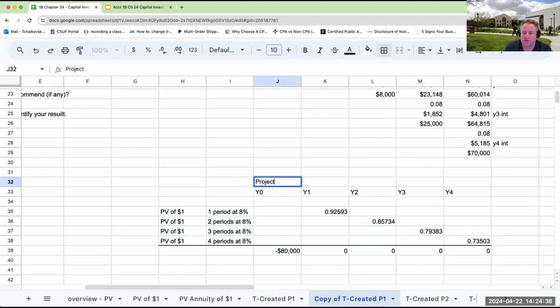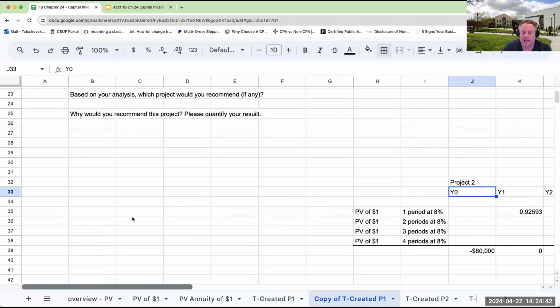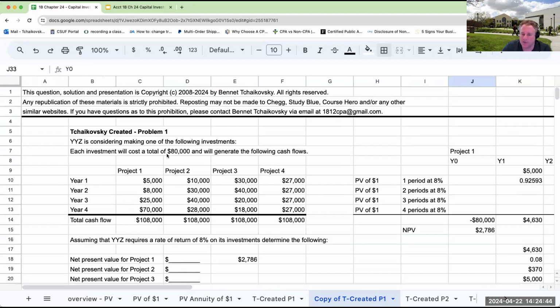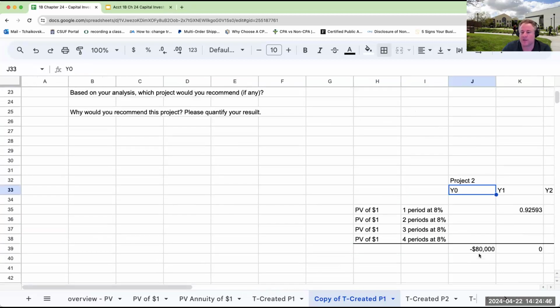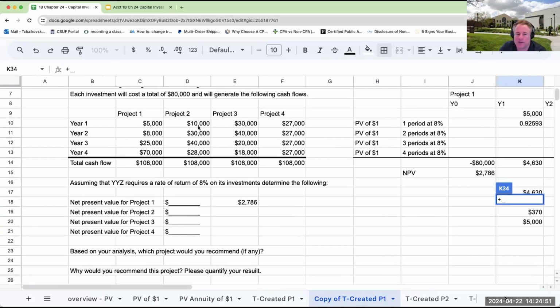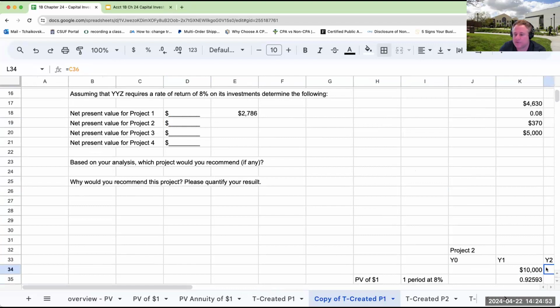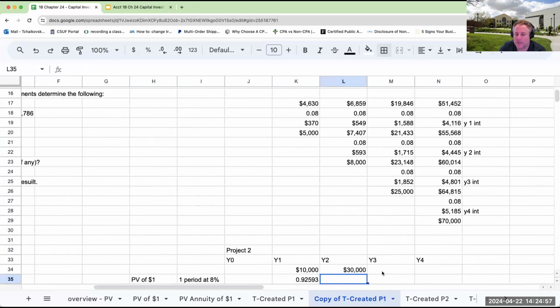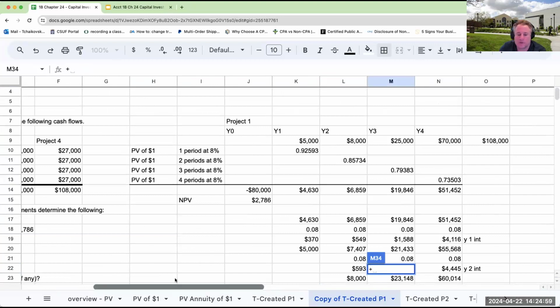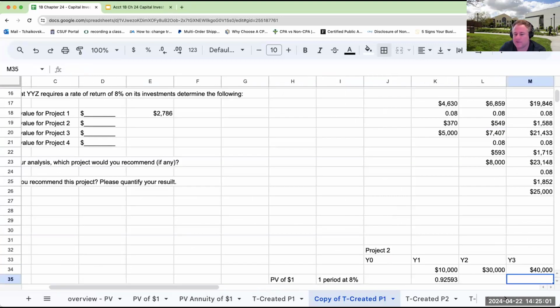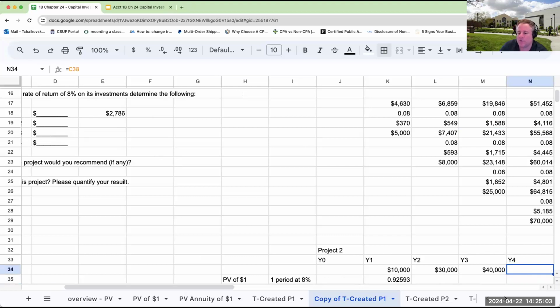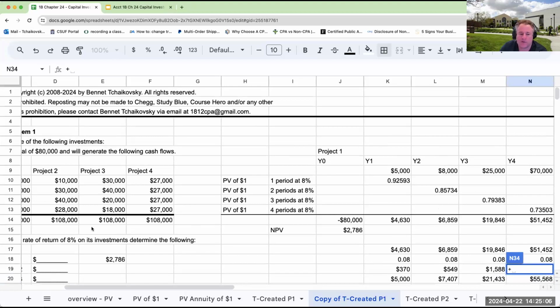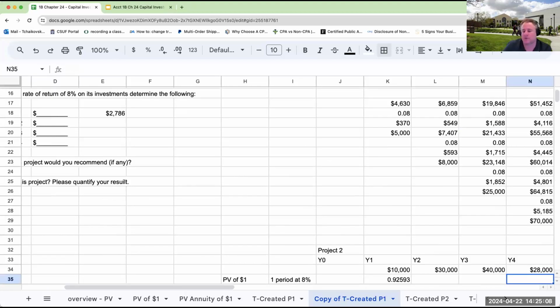So for project 2, all of these projects have an $80,000 cost, and we are going to be generating the following cash flows. So for project 2, in year 1, we had 10,000. In year 2, we had 30,000. In year 3, we had 40,000. And in year 4 for project 2, we had a total of 28,000.